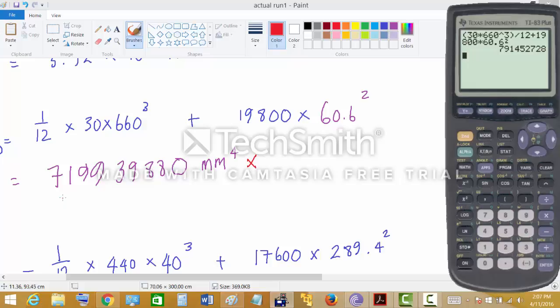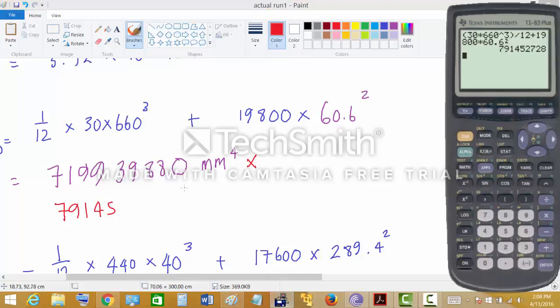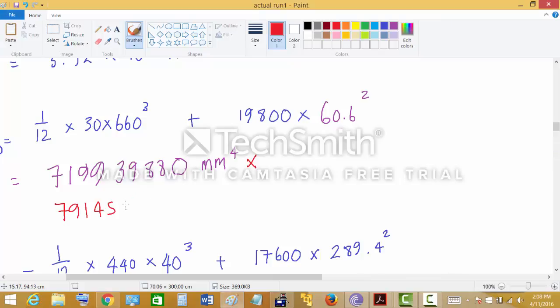That should be 7914. Big number again. 79145 2728.